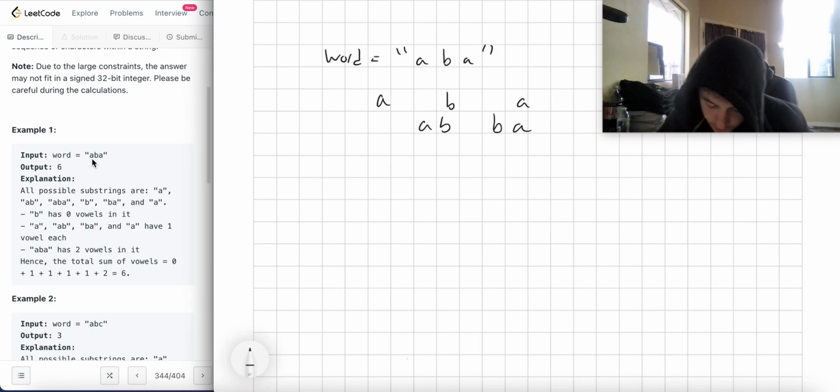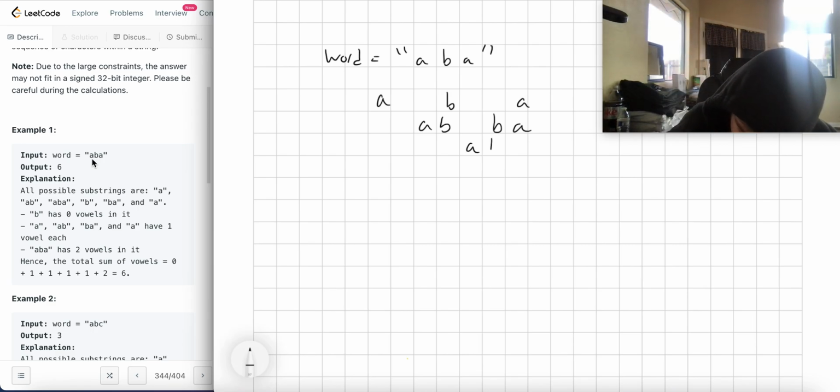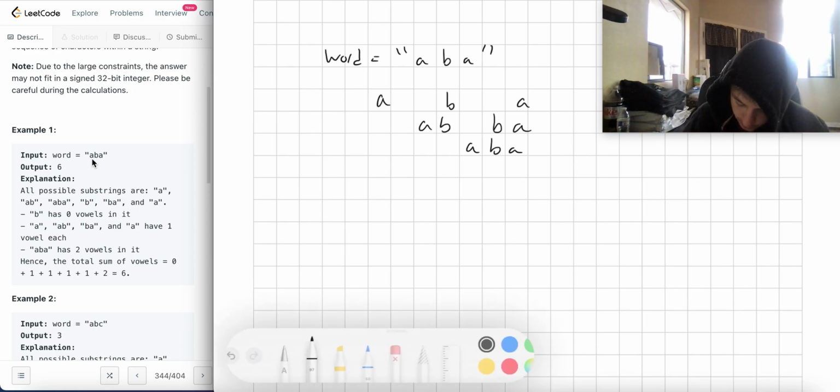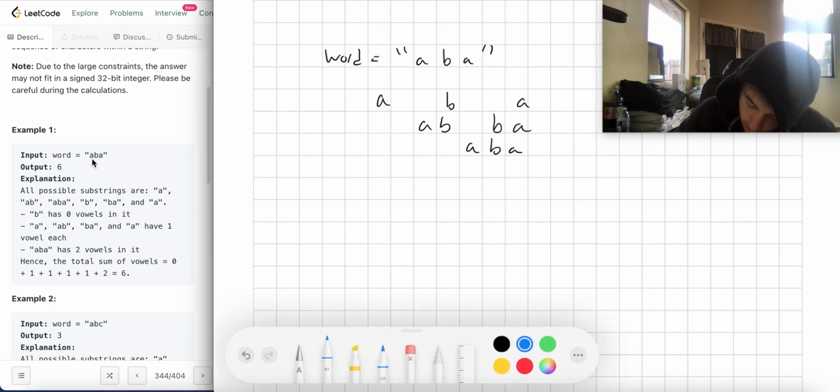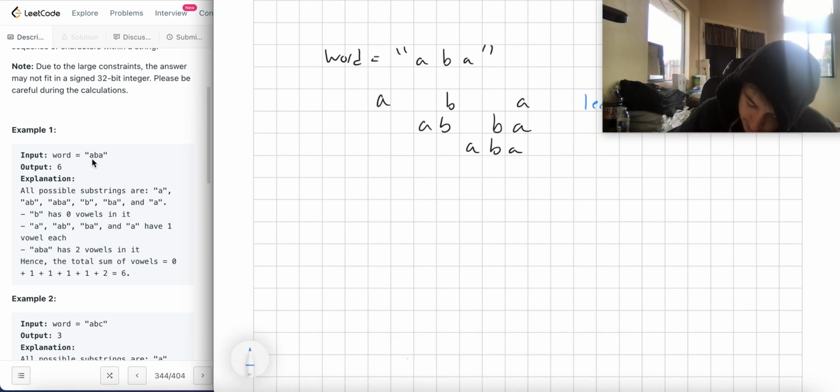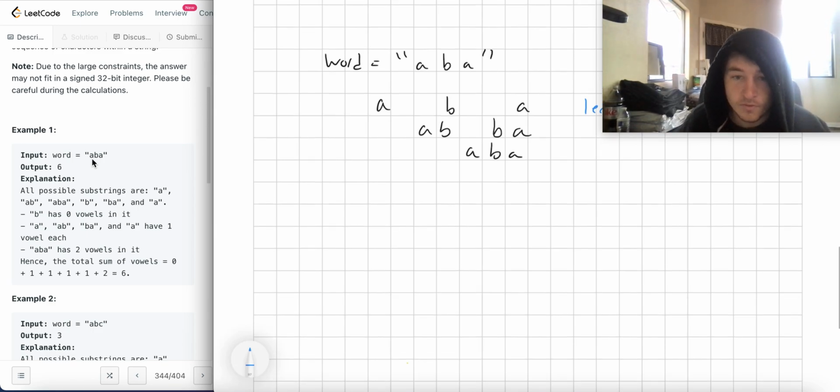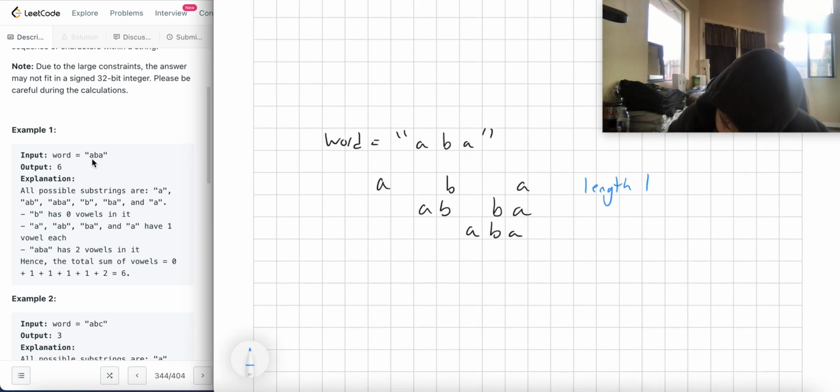And then you could have one substring of length 3: ABA. So we have the length 1 substrings here, the length 2 substrings here, and the length 3 substring here.